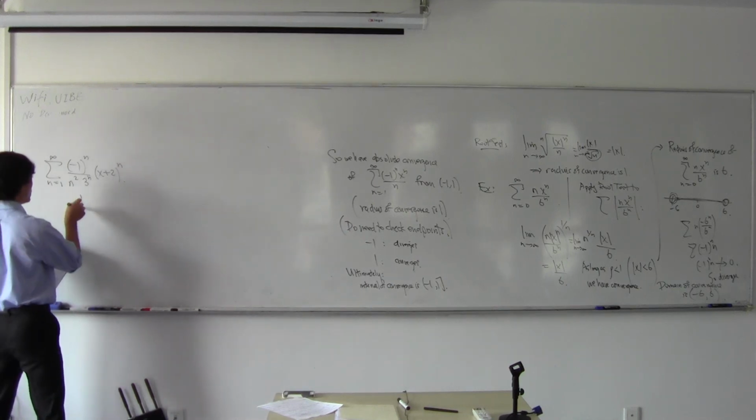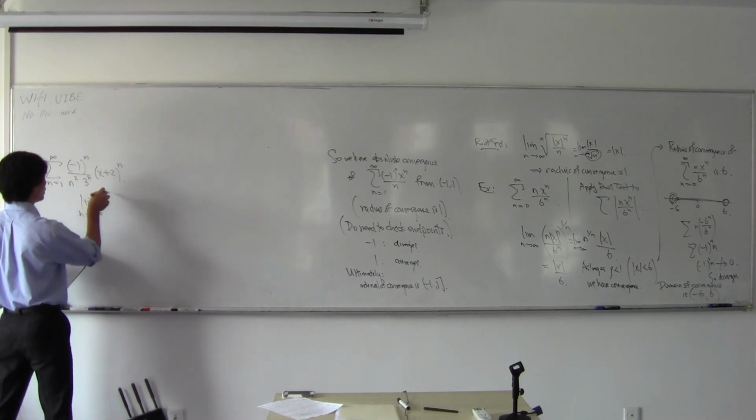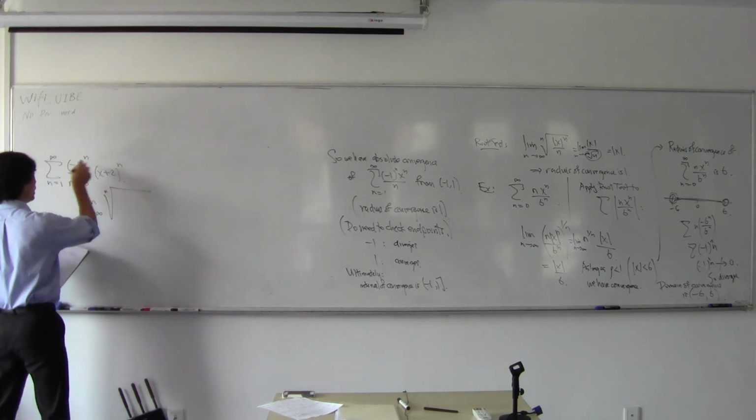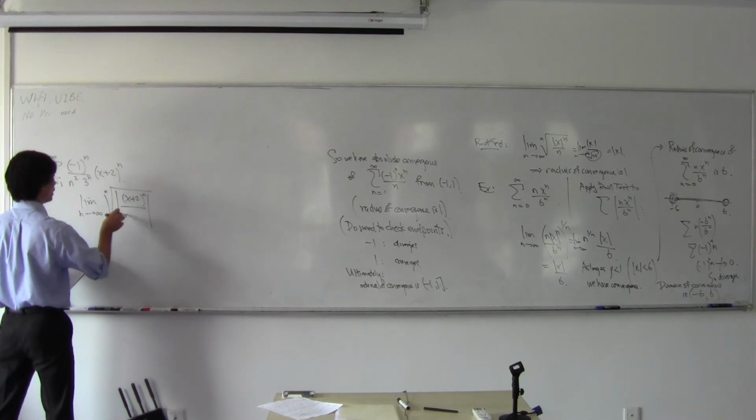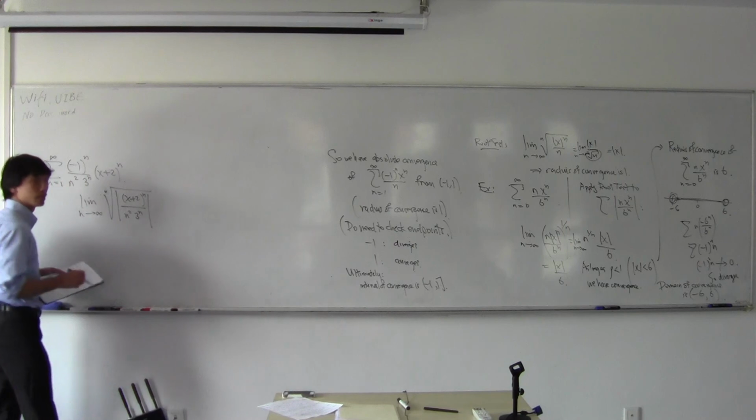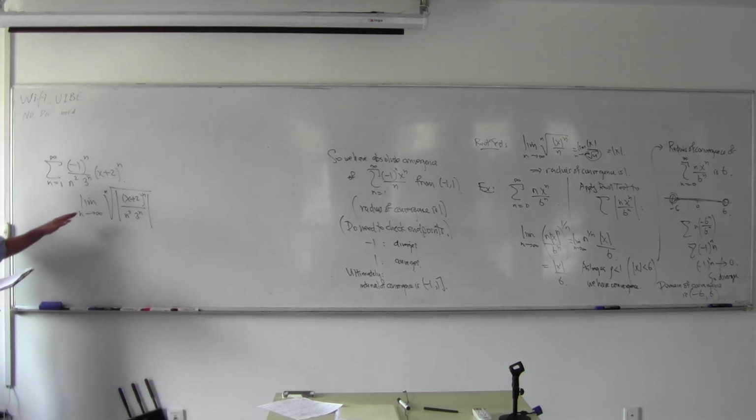Okay. So let's take the limit as n goes to infinity of the nth root of the absolute value of this, right? So you take the absolute value of x plus 2 to the n over n squared 3 to the n, and take the nth root.